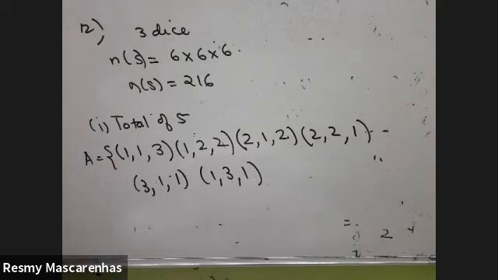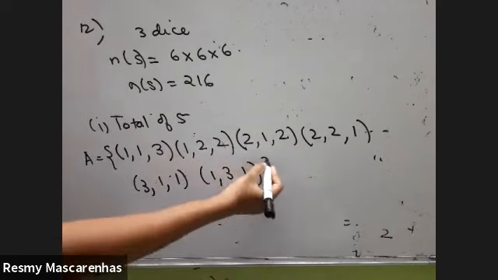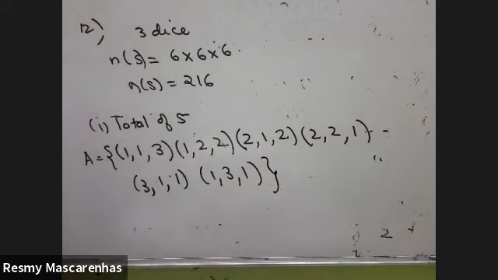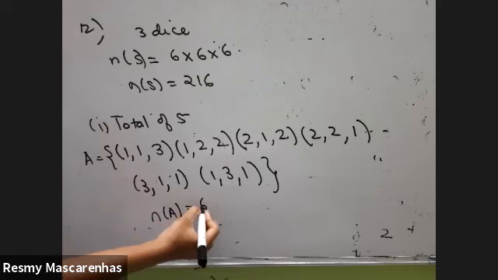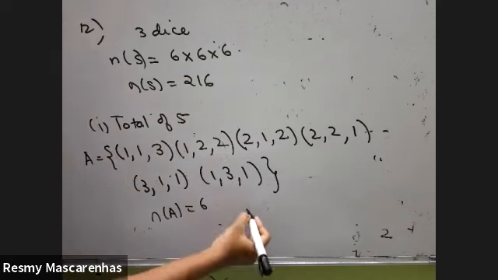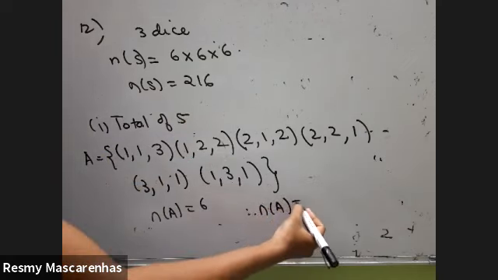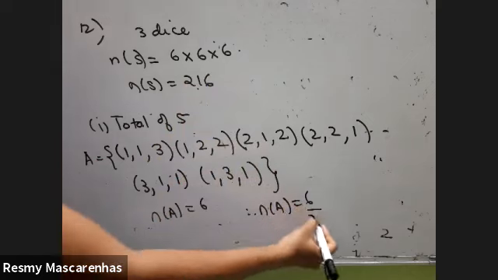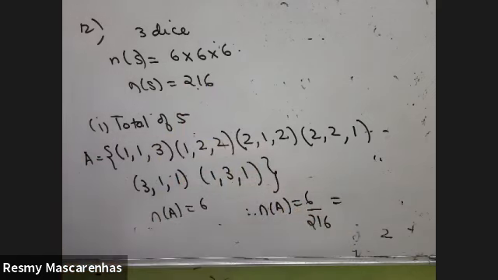Your total is 6 possibilities. You try any other numbers, you will not get a sum of 5. These are the only possibilities. So therefore, n of A will be 6 upon 216. So 1 by 36 will be your answer.